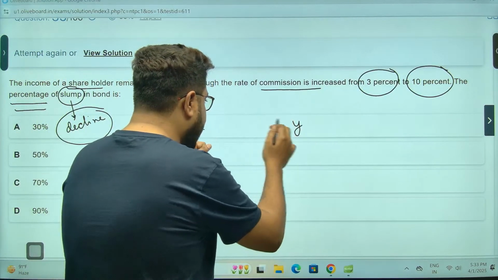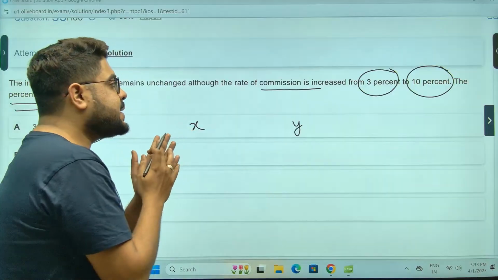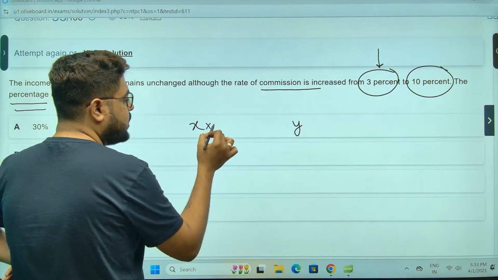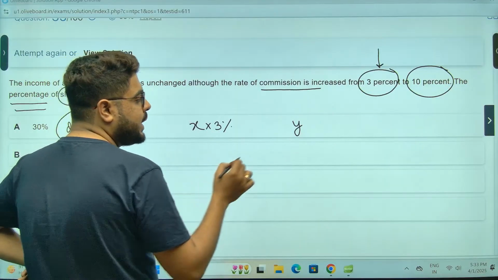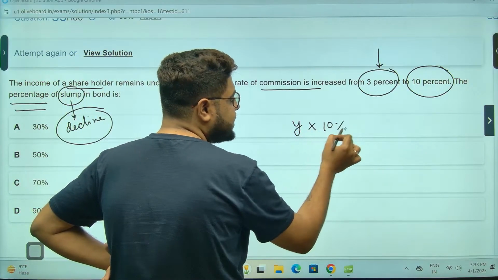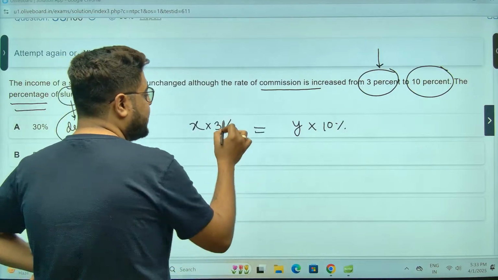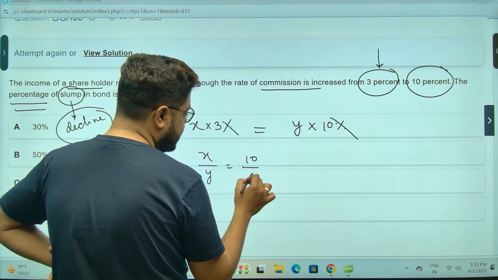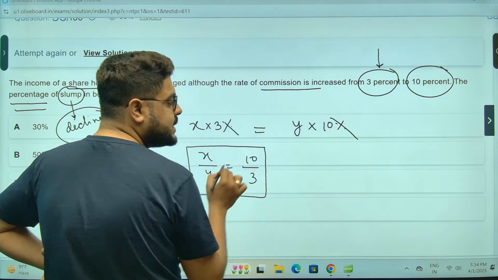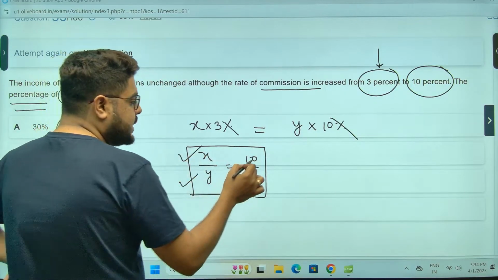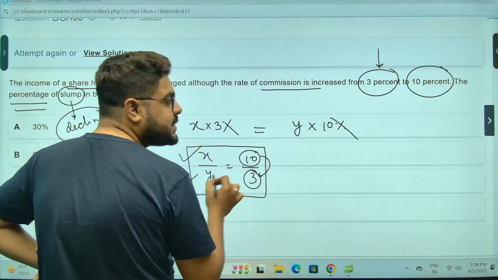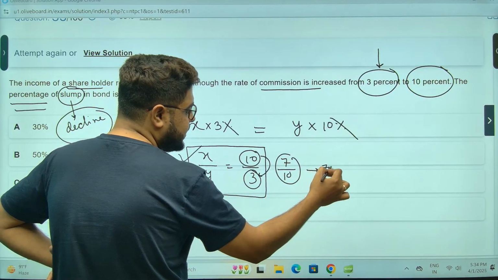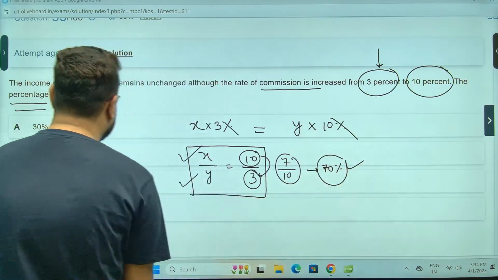The commission remained unchanged. Initially it was 3% of this. It is now equal to 10% of this. They are equal. So X by Y is 10 by 3. Nothing can be easier than this. Initial value, final value. So 10 rupees has become 3 rupees. How much less? 7 rupees less out of 10 rupees. Slump is 70%, or decline is 70%.